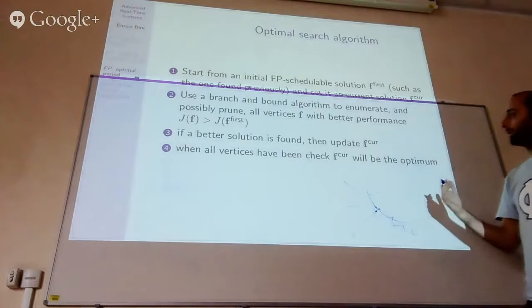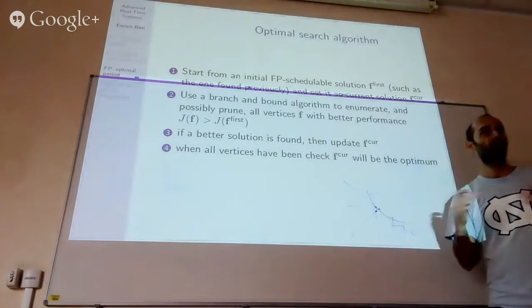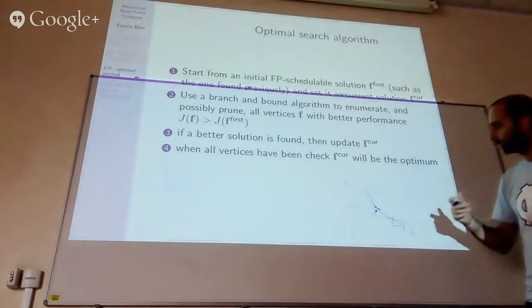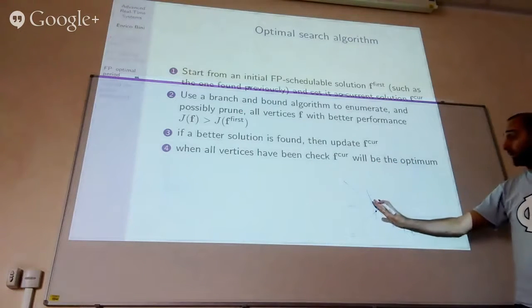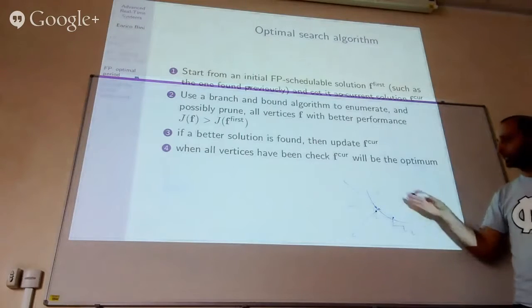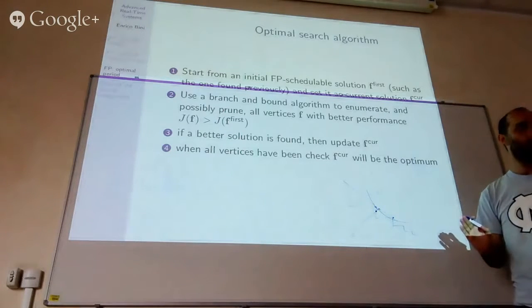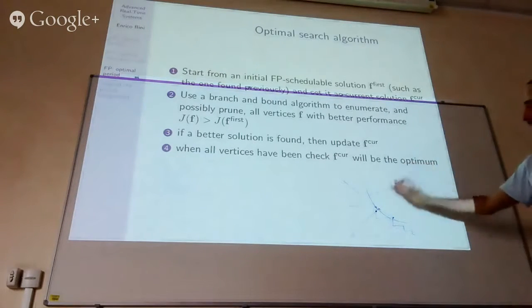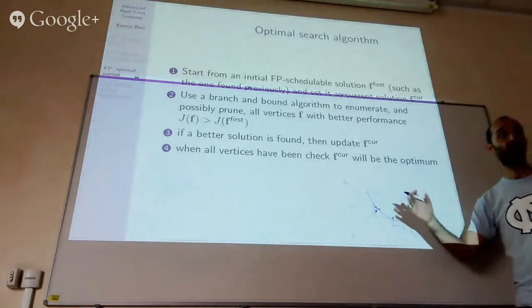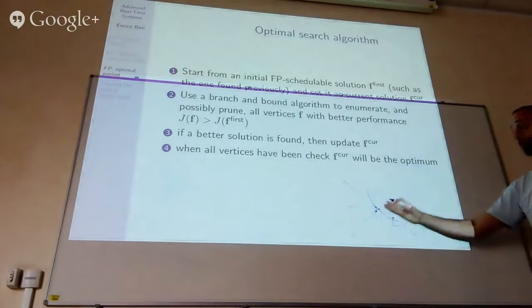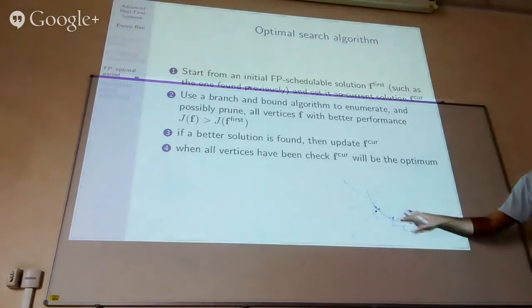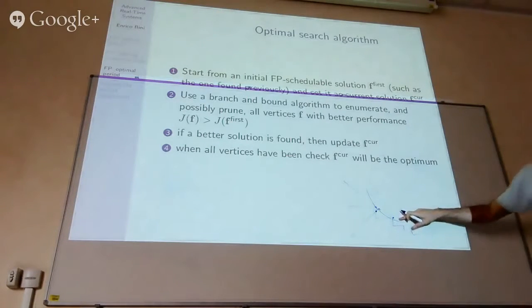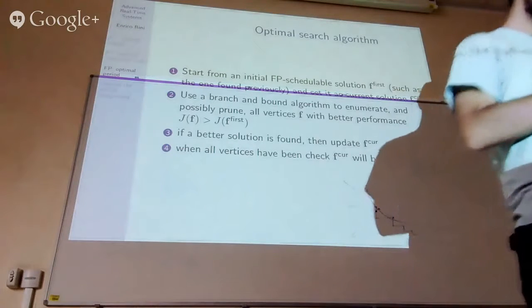So the only room for improvement are the points, in this case just this one, where you have a higher performance but still schedulable. Basically, the idea is to search for the vertices which have higher performance but are on this bound, these corner points.